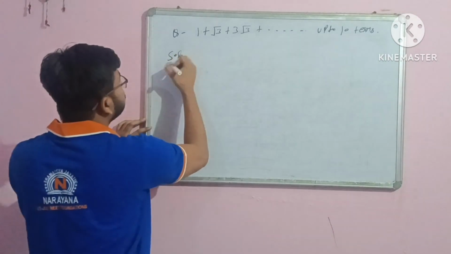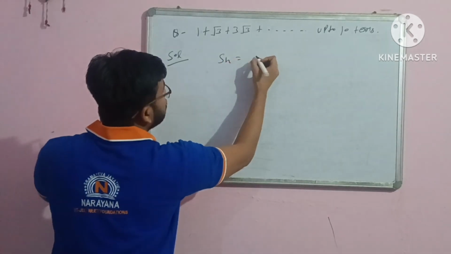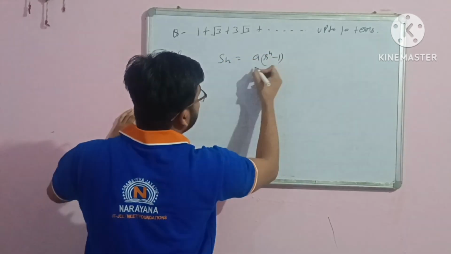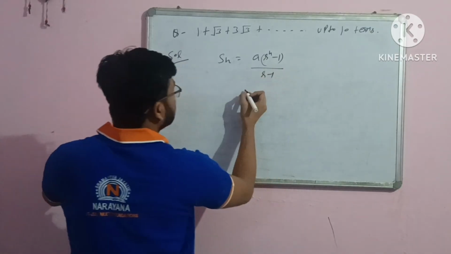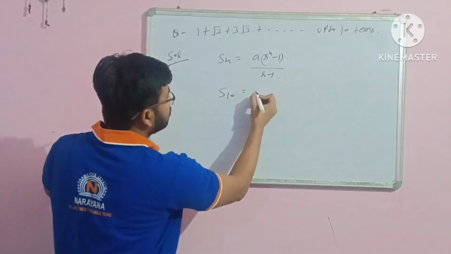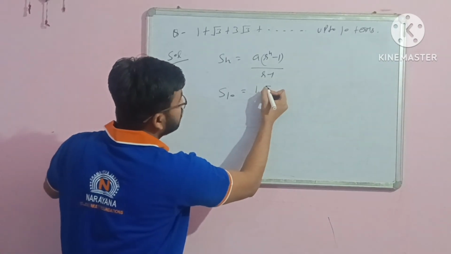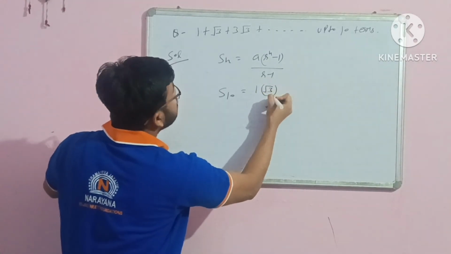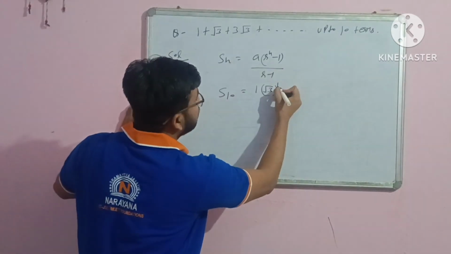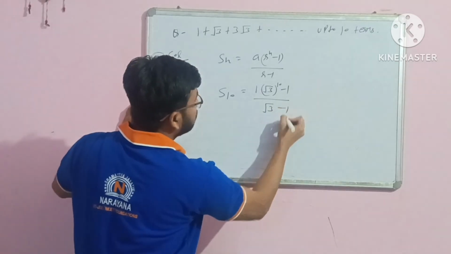Solution: sum of n terms becomes equal to a into r to the power n minus 1 upon r minus 1. What is the first term? The first term is 1. And the common ratio is root 3, and n is 10, so root 3 to the power 10 minus 1 upon root 3 minus 1.